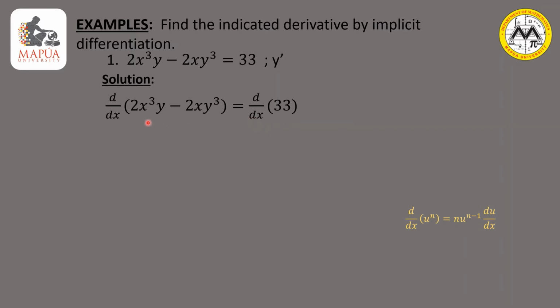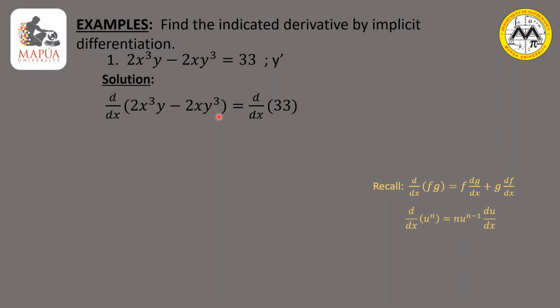Now, in differentiating these expressions here, take note of the product rule for differentiation, because we will be treating 2x cubed y as a product of 2x cubed and of y. In the same way that we will be treating 2xy cubed as a product.